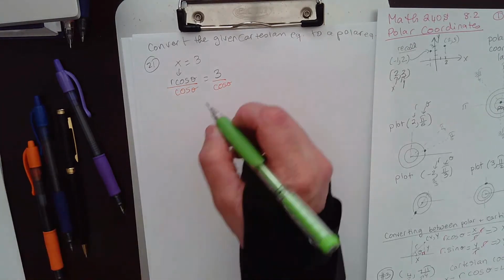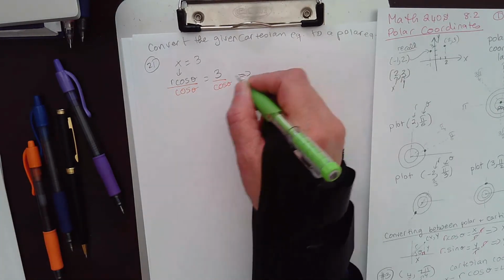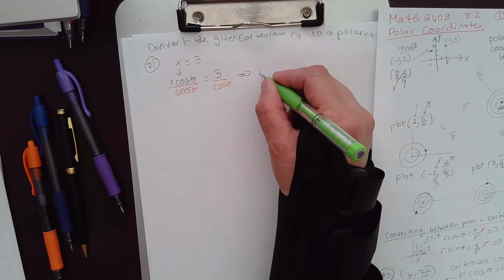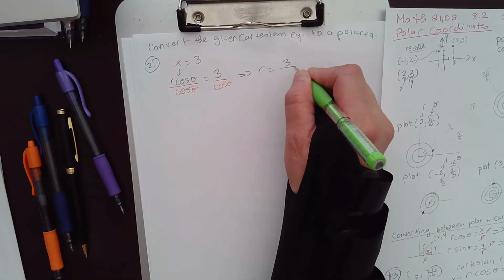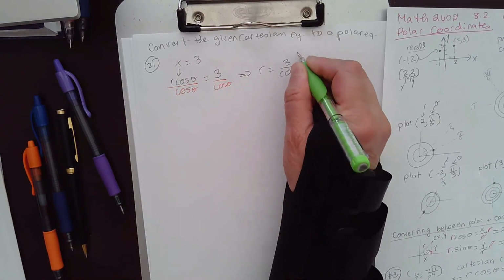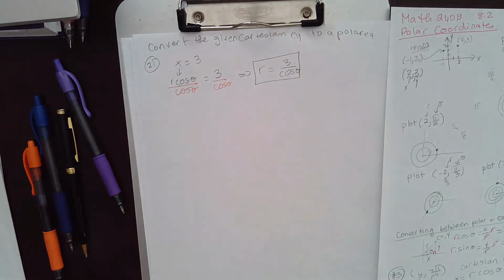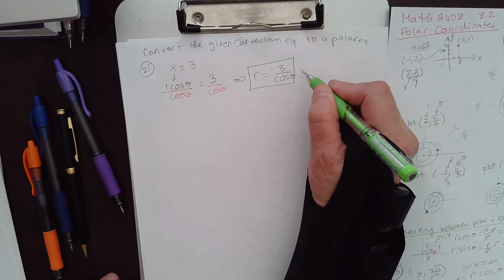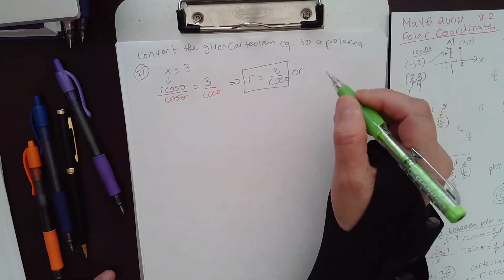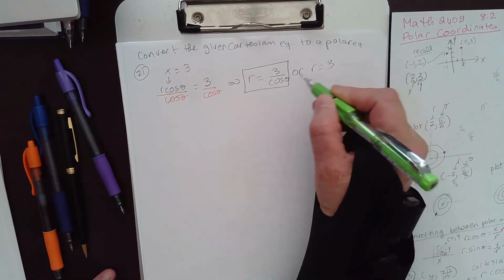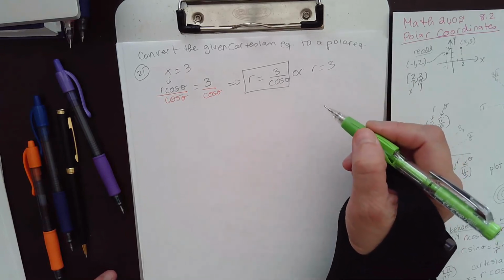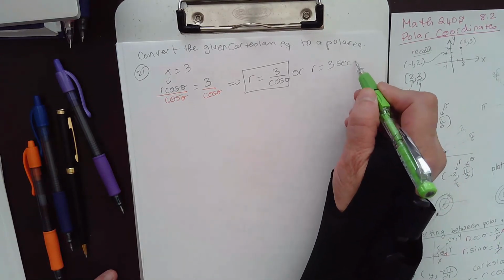And then this gives me what? This would cancel, and r is equal to 3 over cosine theta. So we just converted a Cartesian equation to a polar equation. By the way, this is fine. You may want to write it as 3 over cosine. Wouldn't that be the same as 3 secant theta?